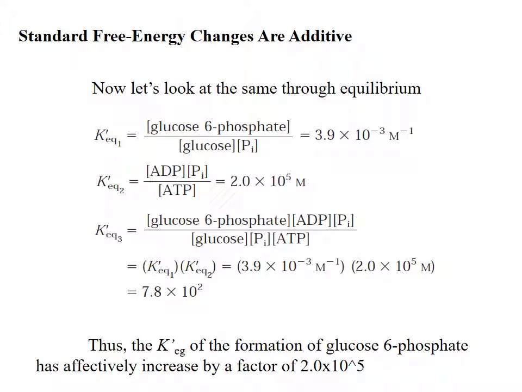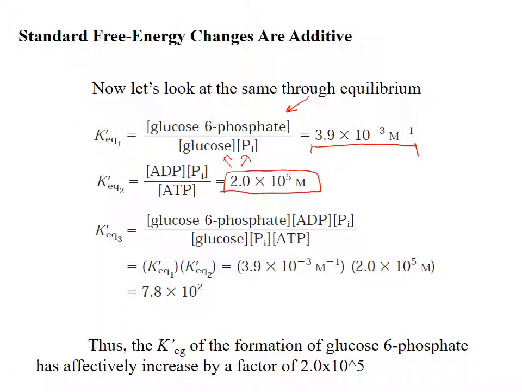Now let's examine this from the perspective of equilibrium. Glucose 6-phosphate is our product, and the reactants are glucose plus inorganic phosphate. The equilibrium constant of this reaction is 3.9 times 10 to the minus 3 molar. The equilibrium constant for ADP plus phosphate over ATP is 2.0 times 10 to the 5th.